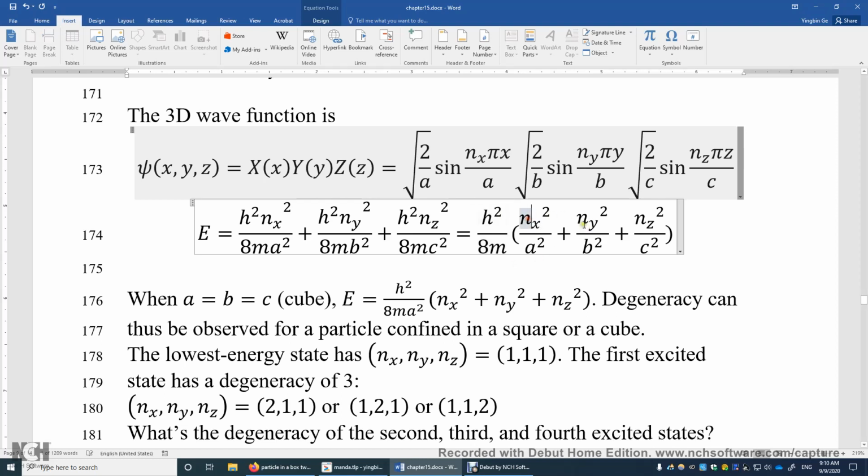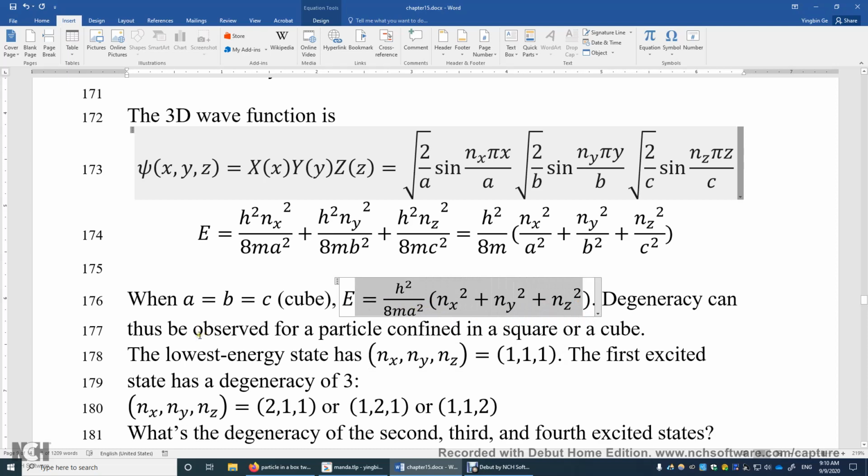And again, nx, ny, and nz can be different from each other, and they are often different from each other. Again, this is because the motions in the three directions are independent of each other. Now, what if a is equal to b and b is equal to c? We are looking at a cube.